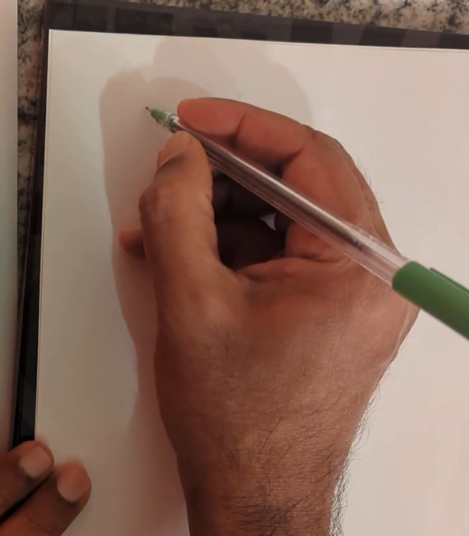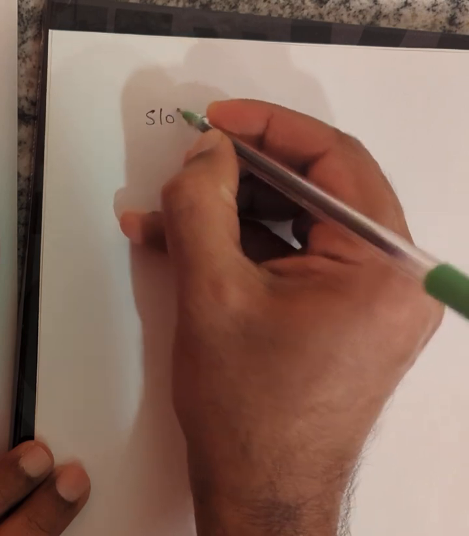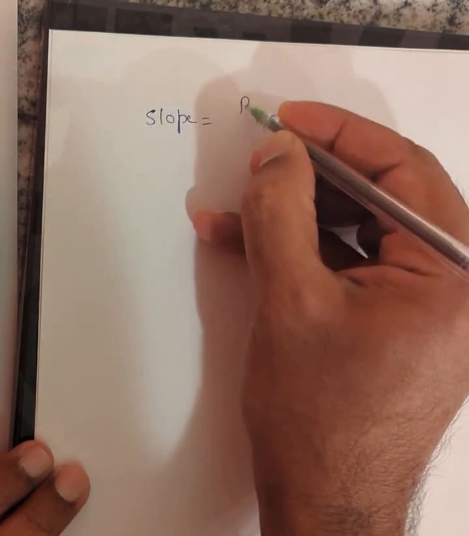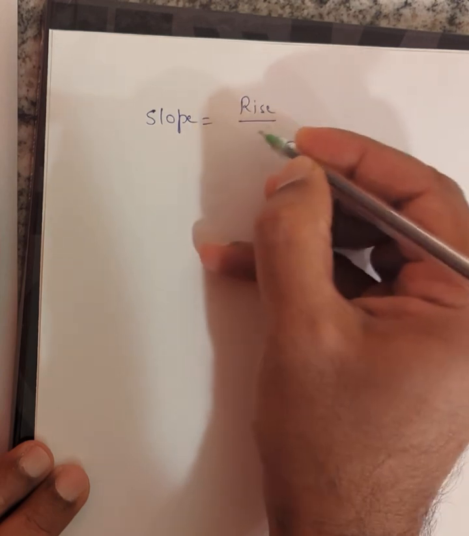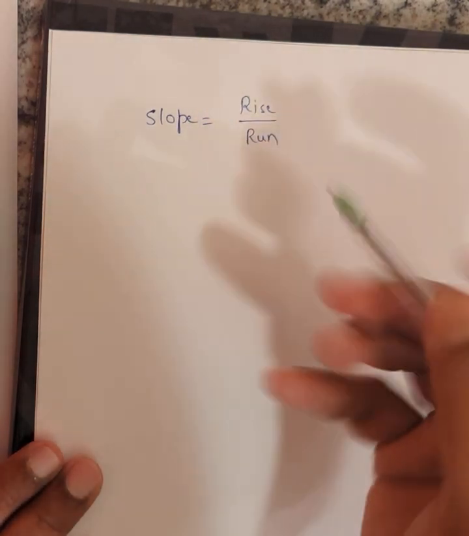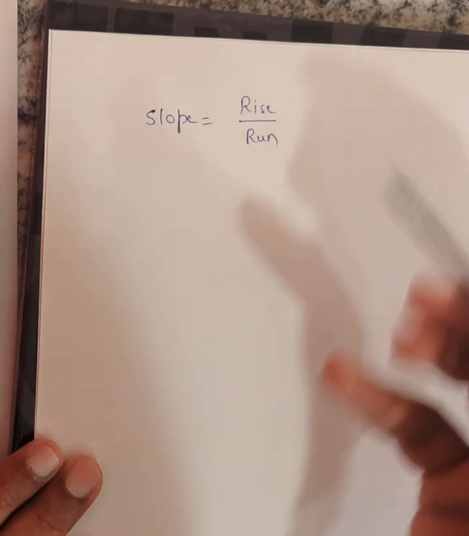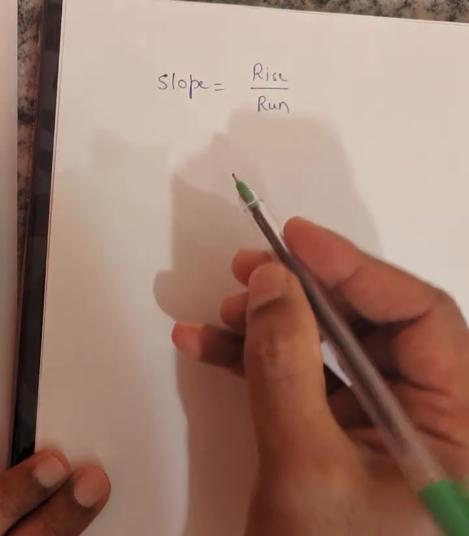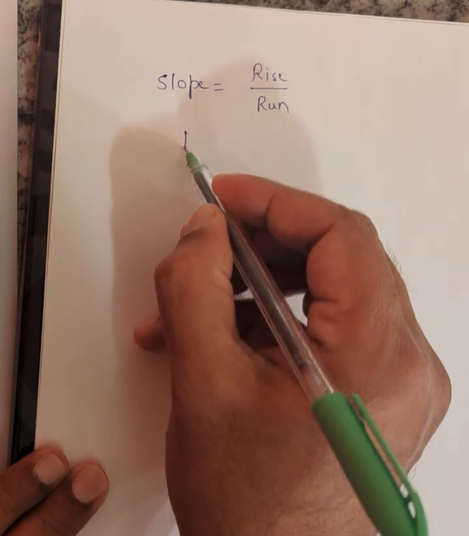Now, by definition, slope is given by the ratio rise over run. Now, I have introduced two words, rise and run. So let me explain what I mean by that.